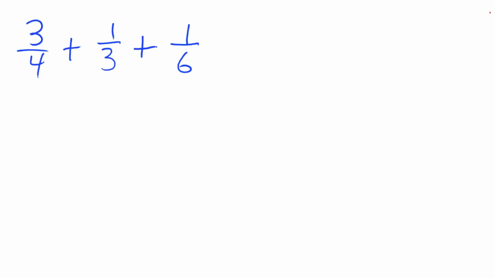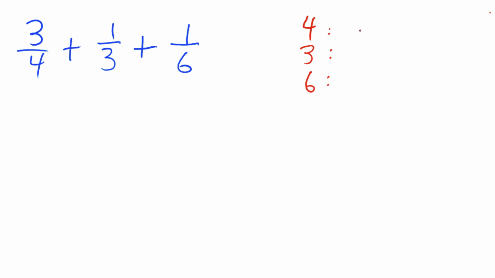Let's suppose we were adding together these three fractions. We have fractions with quarters, thirds, and sixths. These are all different size pieces, and so we have to break our thirds, quarters, and sixths into common size pieces. So we think about the smallest number that 4, 3, and 6 all divide into.